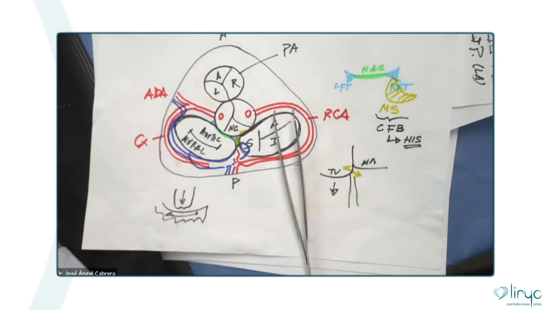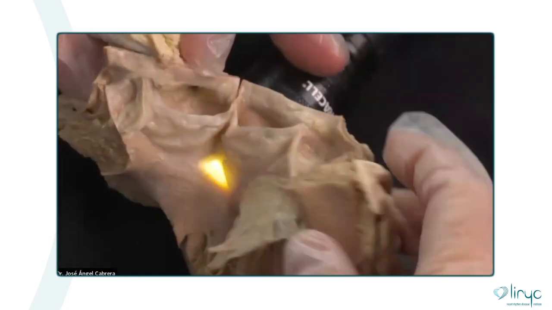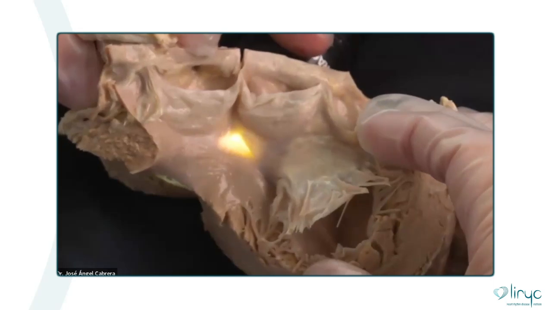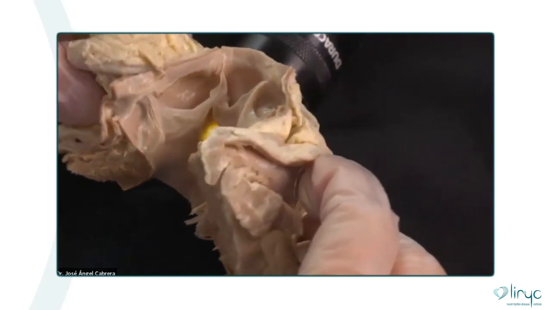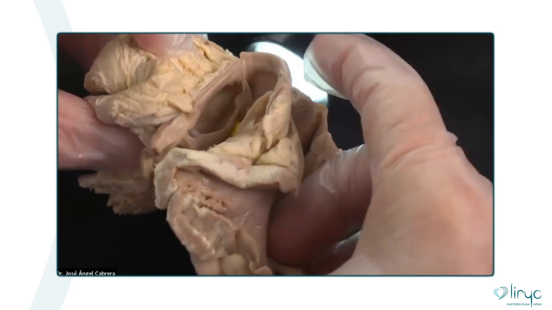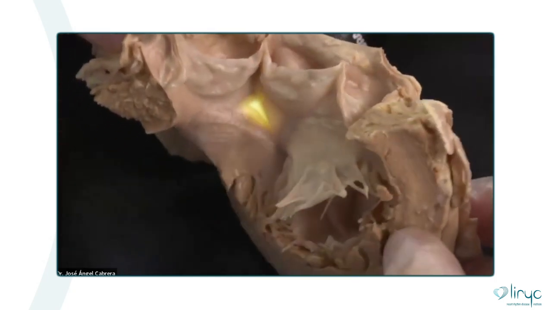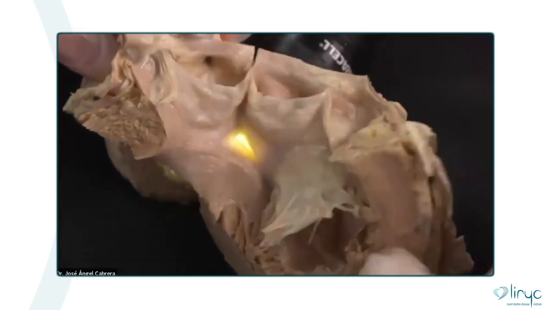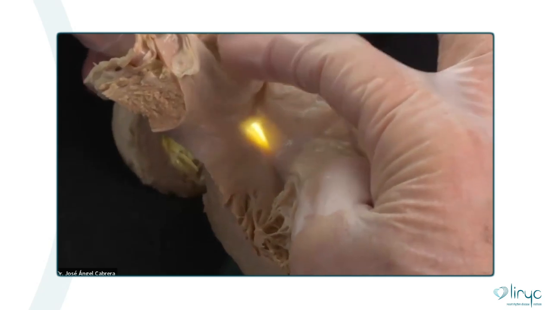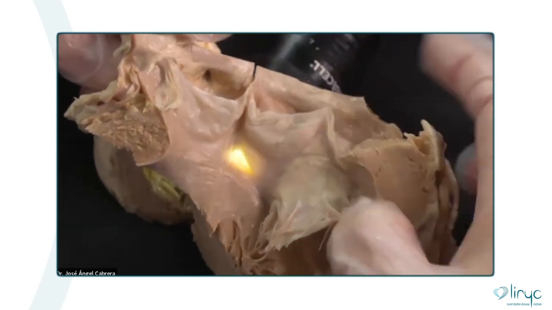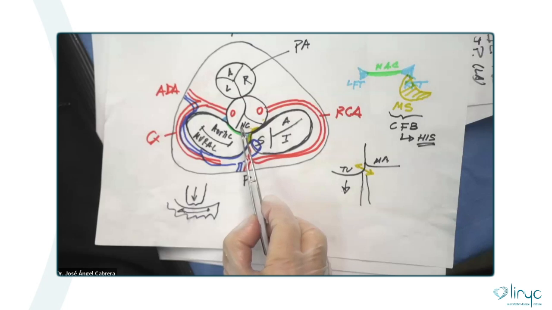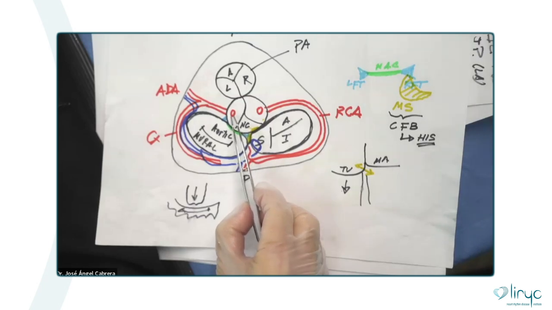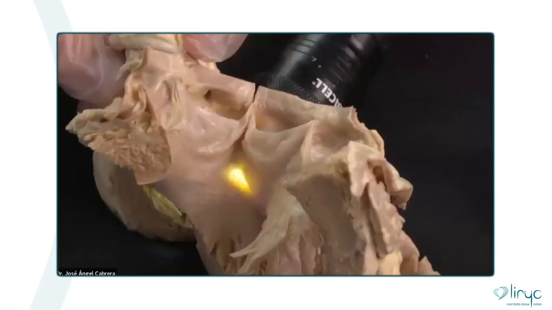And now, if we go to this specimen, you can see, again, let's go. This is posterior, and this is right, and this is left. Remember that we have known that this is posterior, left, and right.